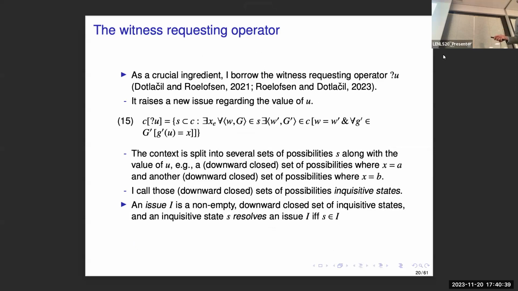And this is the inquisitive notion from inquisitive semantics, rewritten in a partition semantics way. So this operator splits the context based on the value of dref U. So for example, take a question, Who smiled, and the who can assign different values in different possibilities.